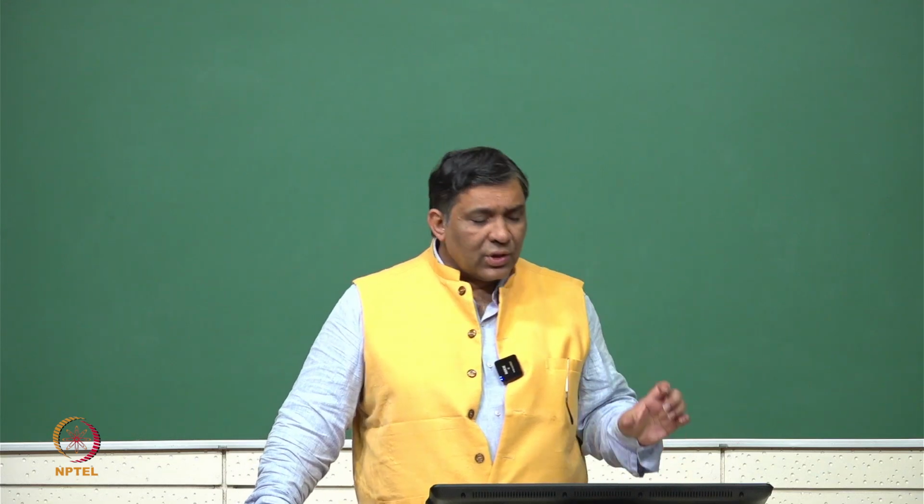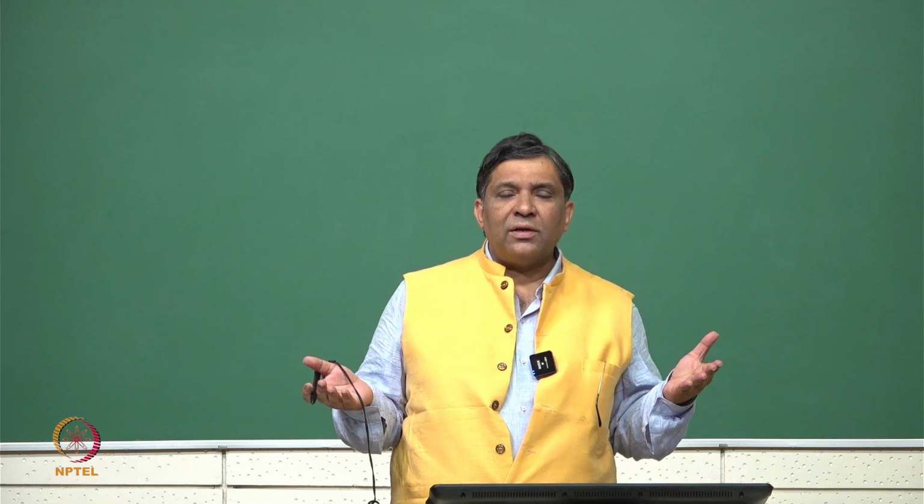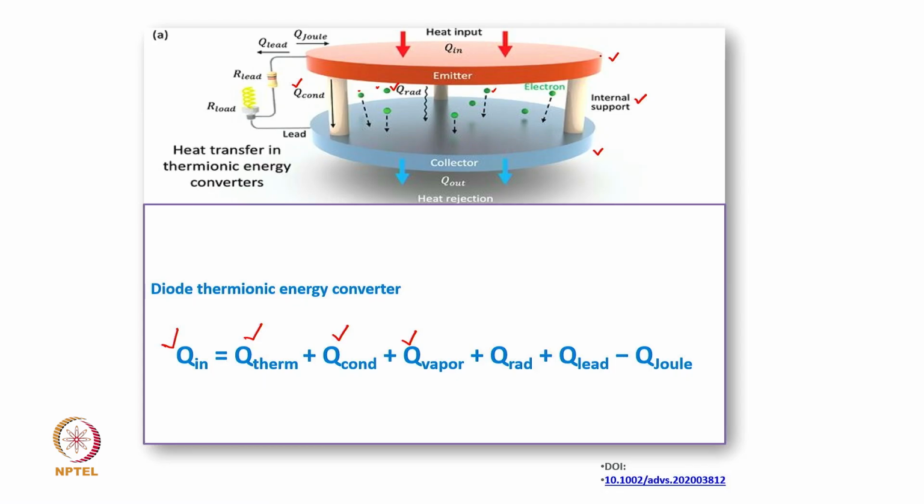Now, another important quantity is through the radiation, Q radiation. So, what is Q radiation? Q radiation means, if we look at the emitter here, the electrons are emitted from the emitter and carrying the energy, but there is always a possibility of radiation that we cannot avoid.